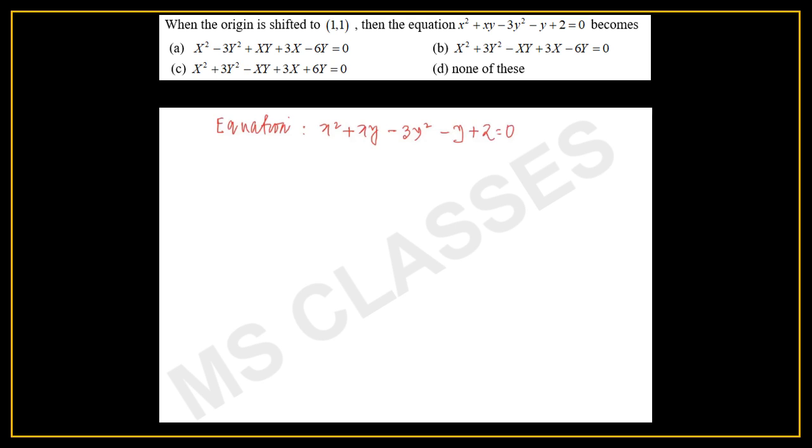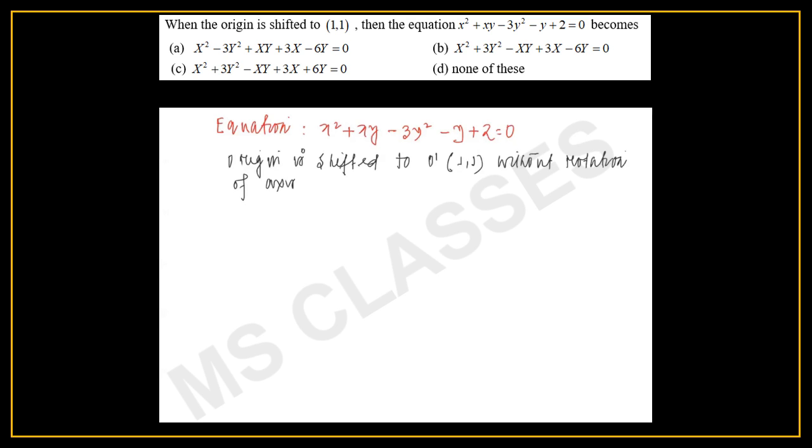So the origin is shifted to O prime, which is 1, 1, without rotation of axis. That is, without changing its direction.